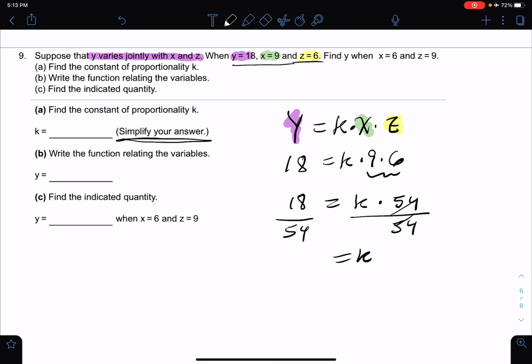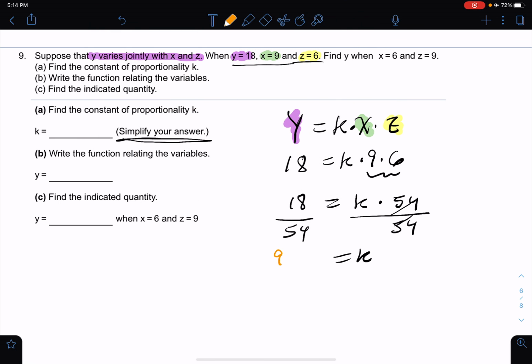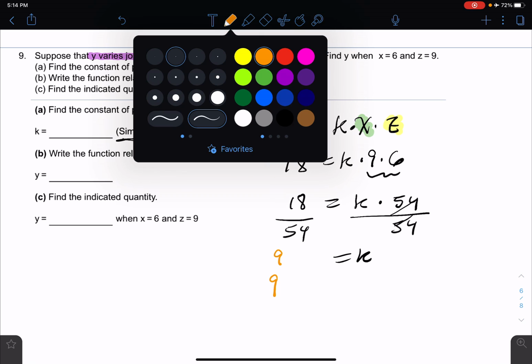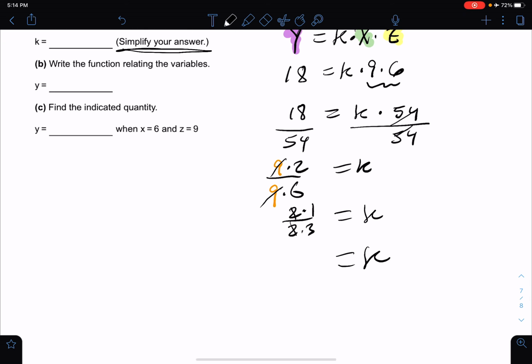The fastest way is realizing 18 is the common factor, but most people are probably going to say, I see a common 9, so 9 times 2 is 18, and 9 times 6 is 54, so they would reduce by a common 9. But then you'd also have to realize that 6 and 2 have a common 2, and it reduces completely to a third.